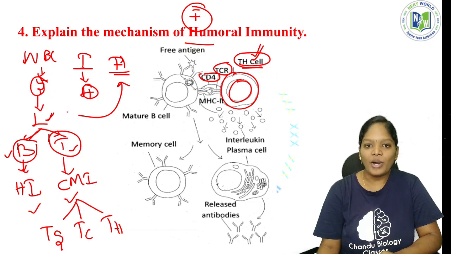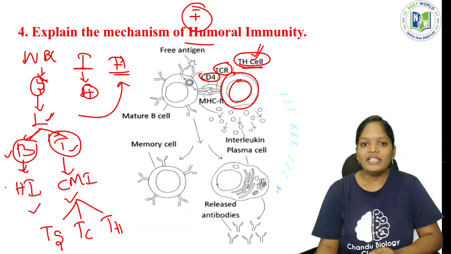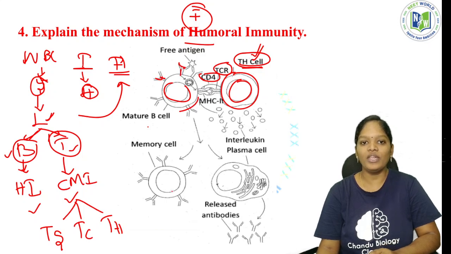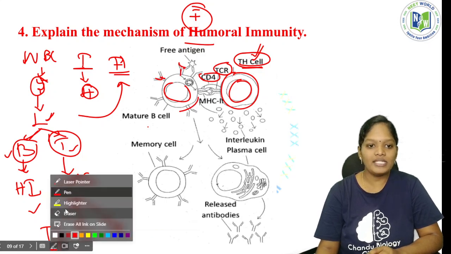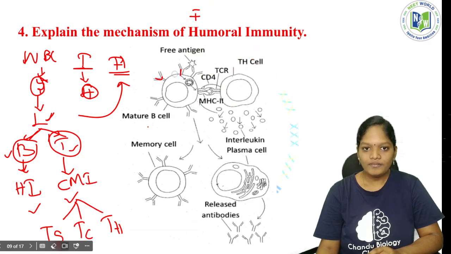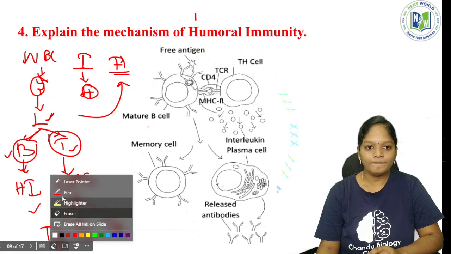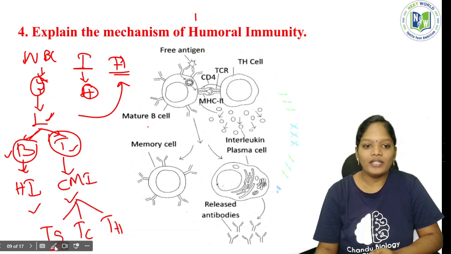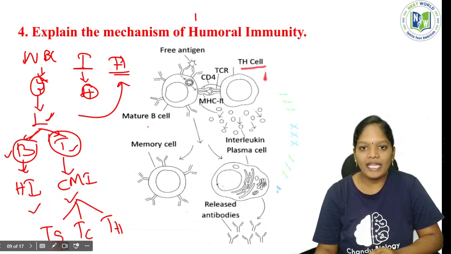Now see here, this is a mature B cell. On the surface of the B cell, we are having an antibody, that is a Y-shaped antibody. Now this is a T helper cell.